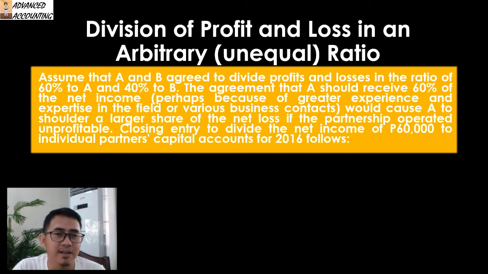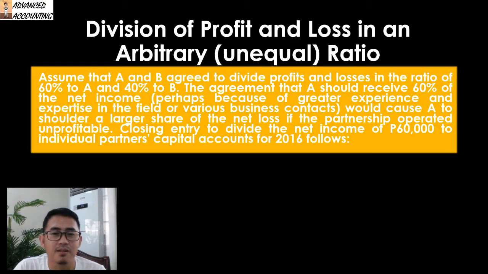Probably in this example, A has more participation than B. So if the business incurred a profit, that would be good for A. But if the business made a net loss, that would be bad for A. But since A probably has more participation in the business, that is somehow fair.